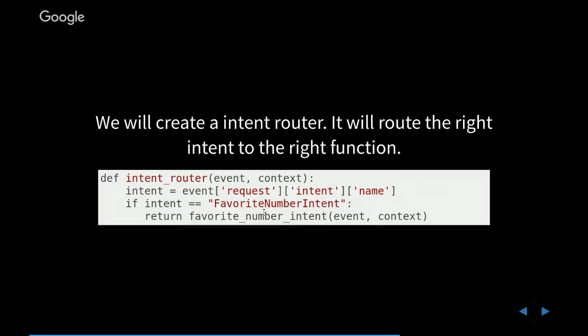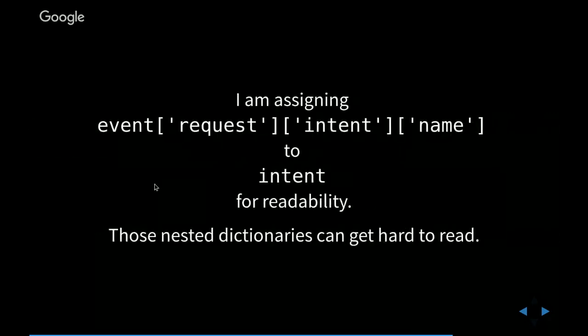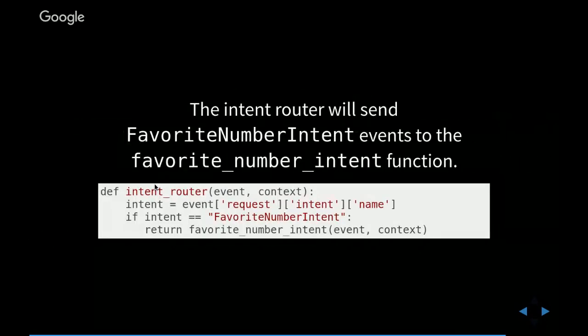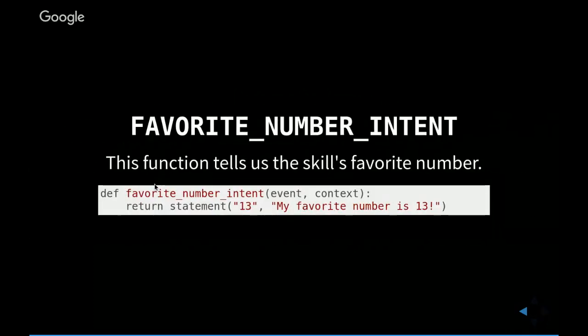That seems reasonable. So that's it. Yeah, I'm assigning it for readability. Those nested dictionaries get hard to read. The intent router will send favorite number intent to the function that I already covered. Once again, I'm stepping over my own slides. I need to mellow out.